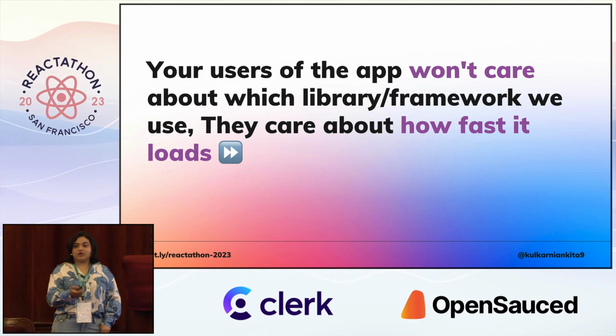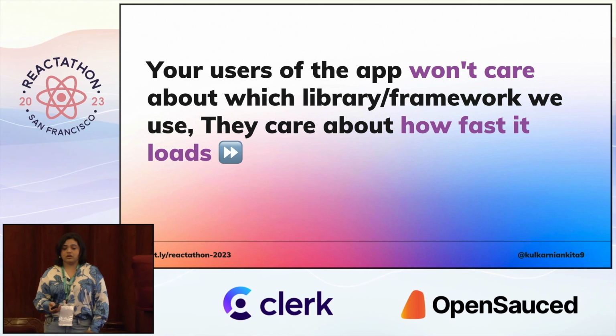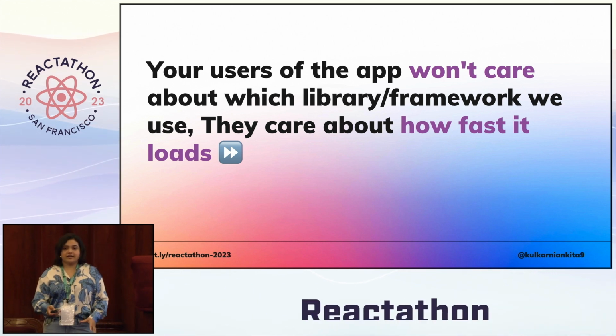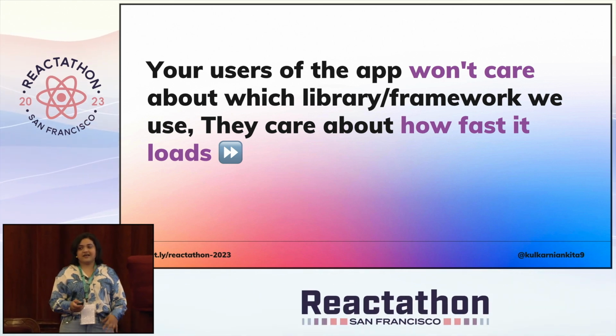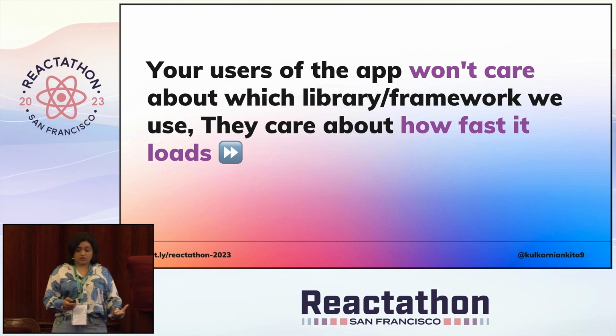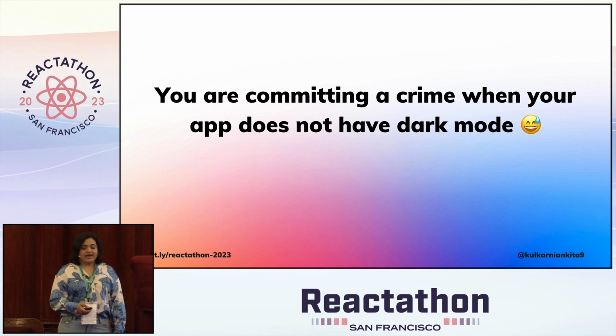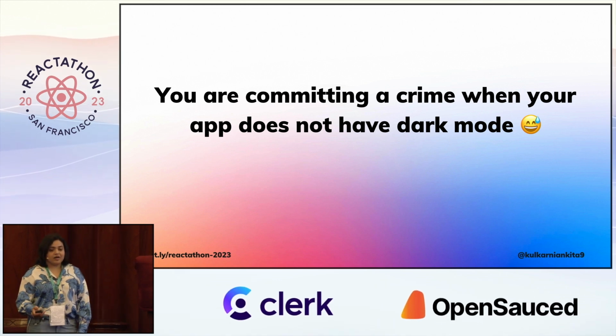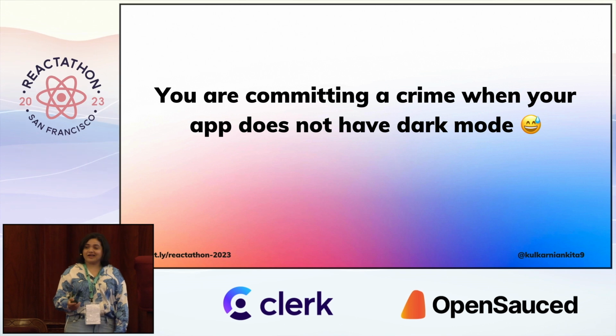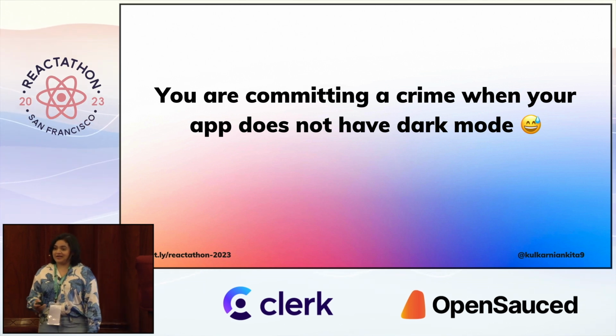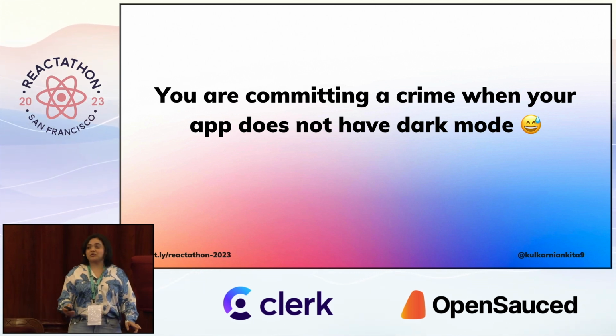I feel like in a huge part of the world, that is not the reality. The apps won't load as fast. Images are too slow to load. And that is the reality for our users. And you are committing a crime when your app does not have dark mode, which is what I have learned. Anything I've deployed, the first question I get is, it doesn't work for dark mode.